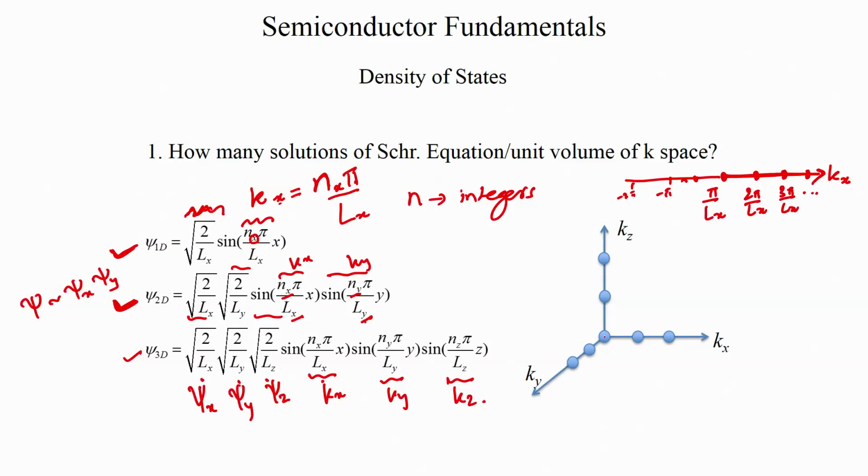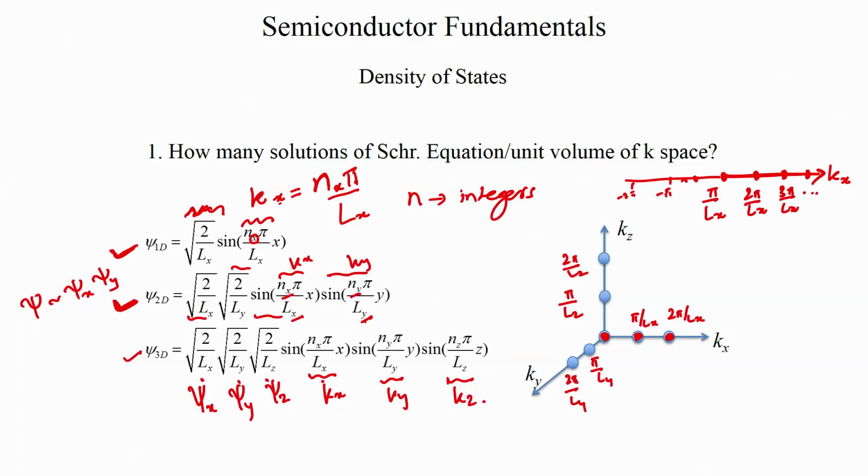So, here I have just drawn it out. You have the solutions to Schrodinger's equation being discrete points. So, this would be pi by Lx, 2 pi by Lx, and so on. This would be pi by Lz, 2 pi by Lz, and so on. This would be pi by Ly, 2 pi by Ly, and so on.